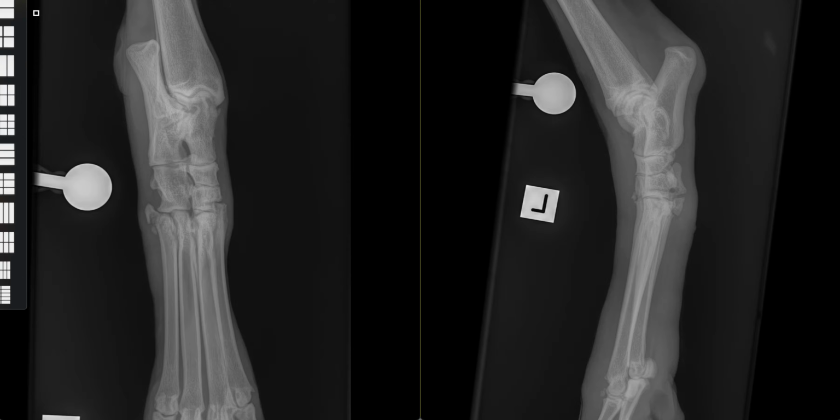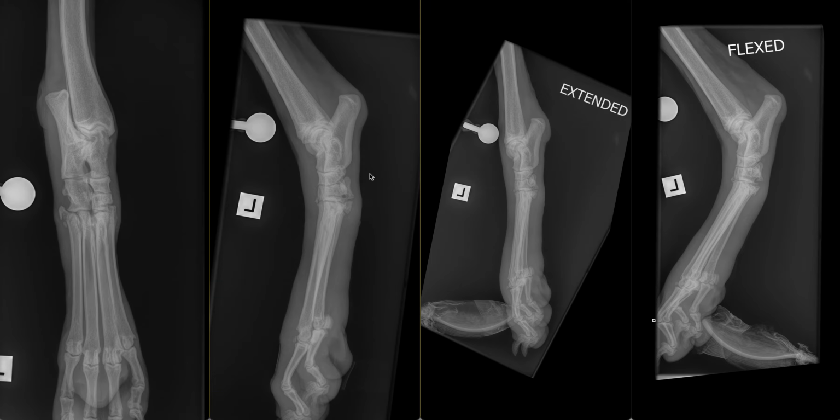Now we're going to move on to stress views to assess whether or not these fractures result in instability of the joint.